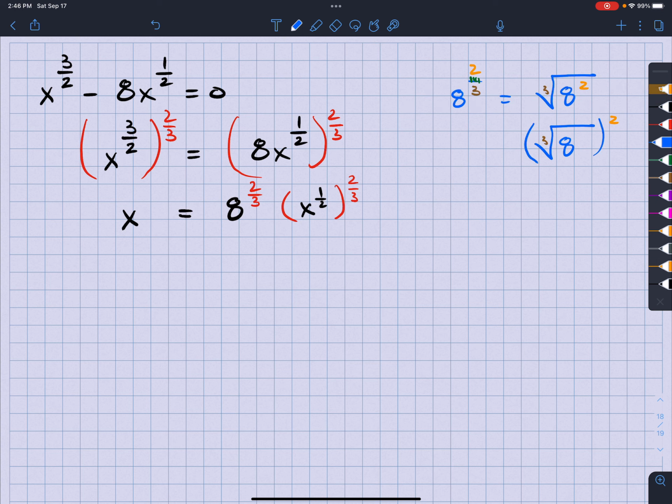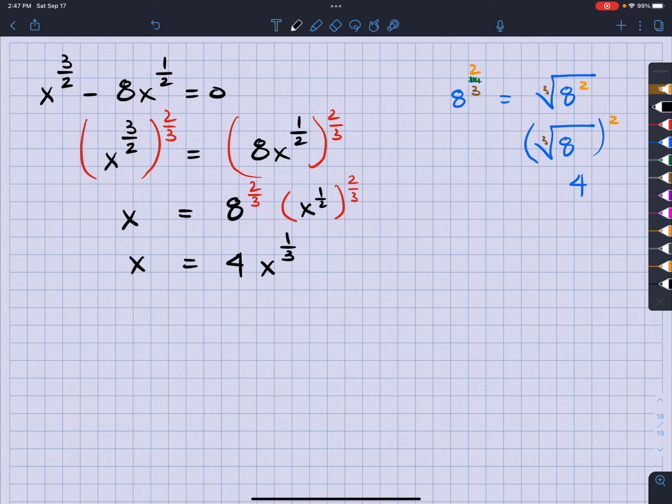It's probably easier to do it that way because the cube root of 8 is just 2. Squared is going to equal 4. So from there I have x is equal to 4 times x raised to the, when I multiply these two, what do I get? I get 2/6, which reduces to 1/3.